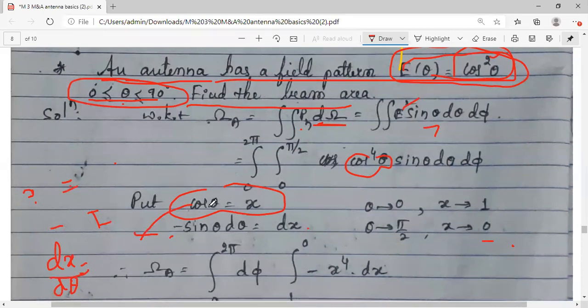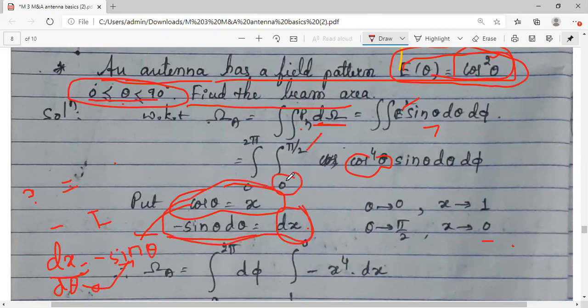Differentiate x with respect to theta. The differentiation of cos theta is minus sine theta. So dx will be equal to minus sine theta d theta, taking d theta to the other side.